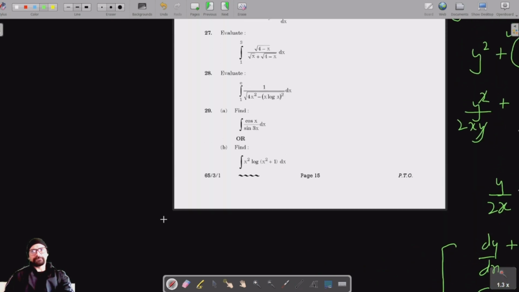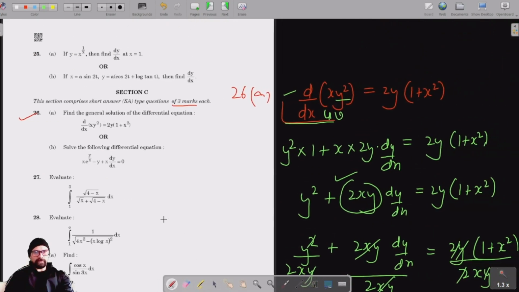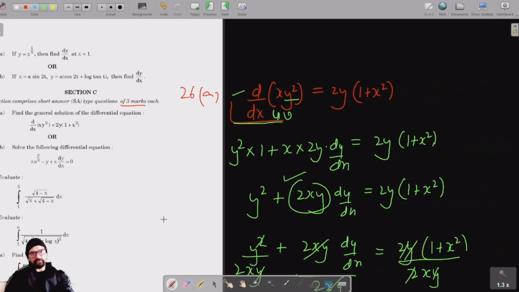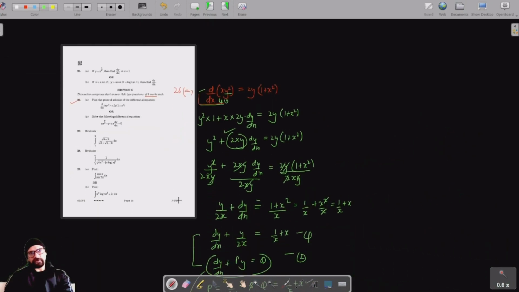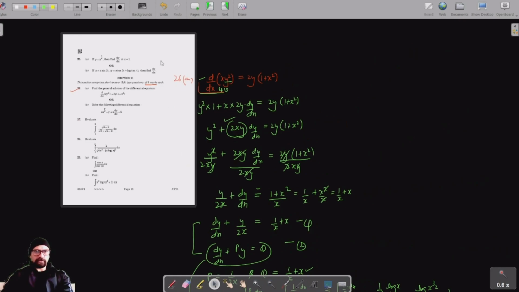It is part B. Okay, for part B, we have once again to solve a differential equation. So we have one more differential equation. So first of all, let me clear this out.